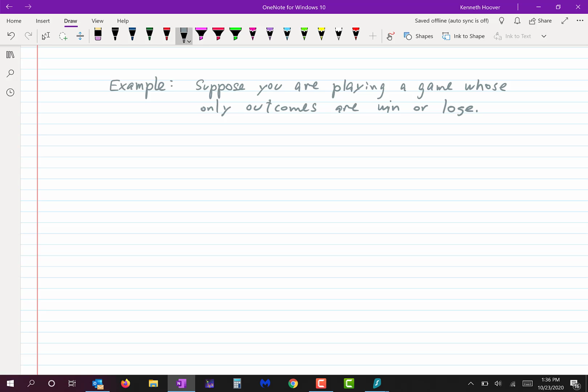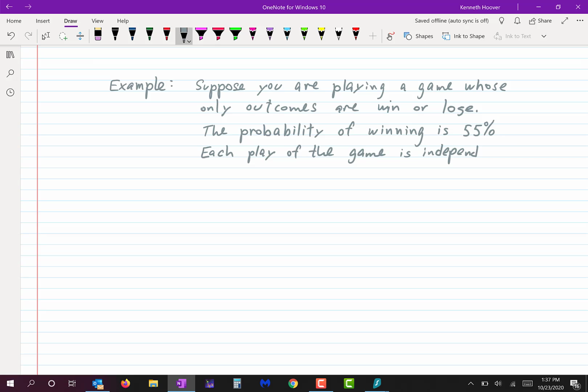The probability of winning is 55%. I don't need to tell you the probability of losing. You already know it must be 45%. Okay? So each play of the game is independent. So winning or losing is unrelated to whether or not you won or lost last time.